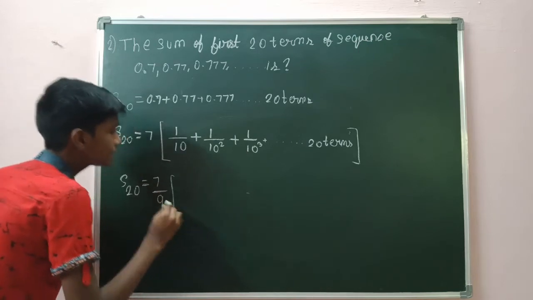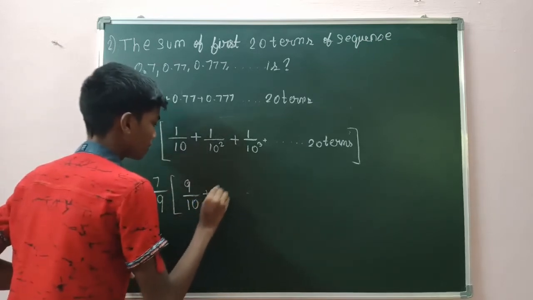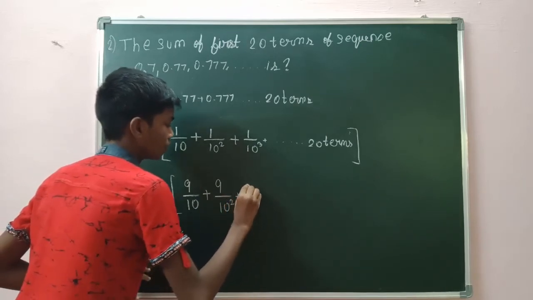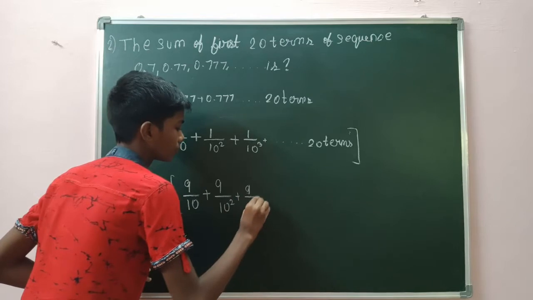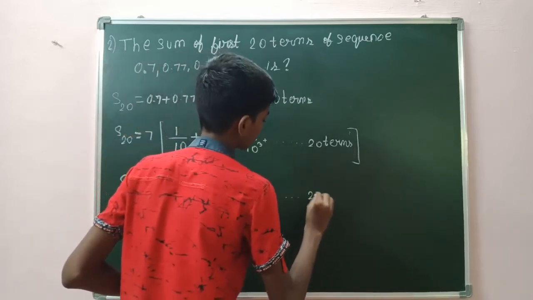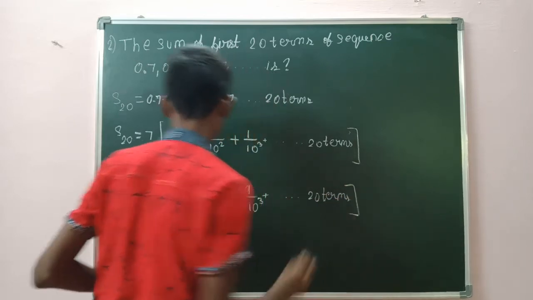So inside I will have 9 by 10 plus 9 by 10 square plus 9 by 10 cube, all the way up to 20 terms. Okay, I hope you understand what I am doing here.